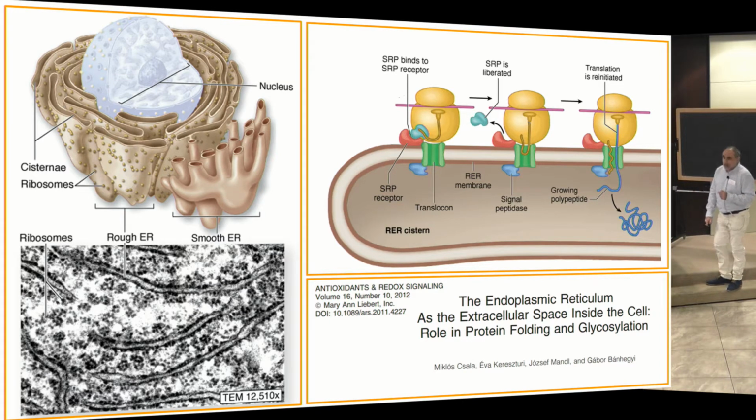Definitely no, because the main difference is sodium concentration, for example, or potassium concentration. Can we say that the ER holds high sodium and low potassium as extracellular space, or high magnesium, for example? No, nothing like this. The only difference is calcium.